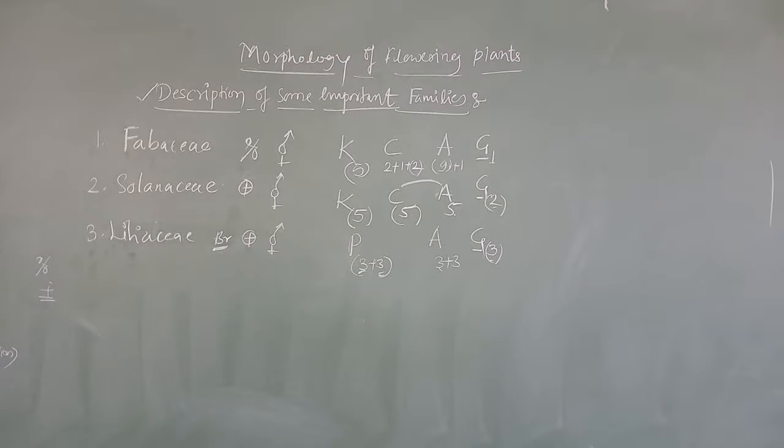In Fabaceae: zygomorphic flower, bisexual, calyx 5 united, corolla 2 plus 1 plus 2, 2 are fused, androecium there are 10 androeciums, means stamens, 9 are fused, 1 is free, gynoecium is superior, 1.